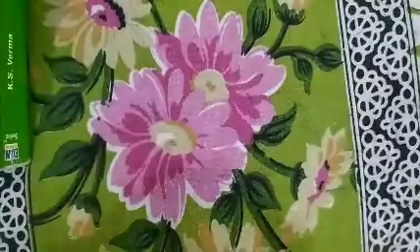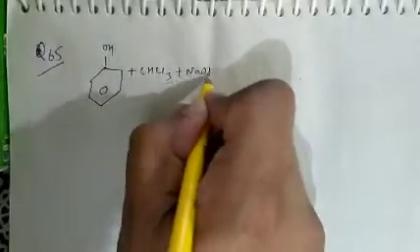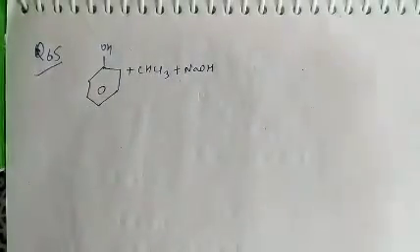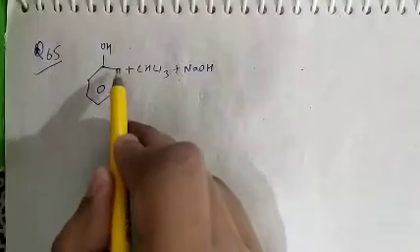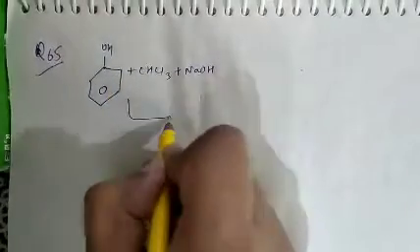See question number 65. In question number 65, what is given there? Question number 65 is when phenol reacts with chloroform and NaOH. As we know, when phenol reacts with chloroform and NaOH, from this position it will be removed.